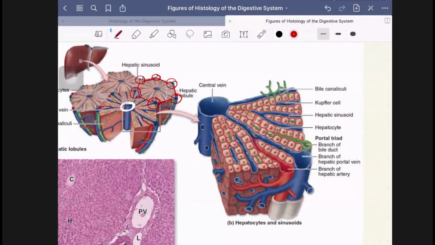Around the central vein, these are the radiating hepatocytes, and all these hepatocytes are encircled by these green dots. They are the bile canaliculi.